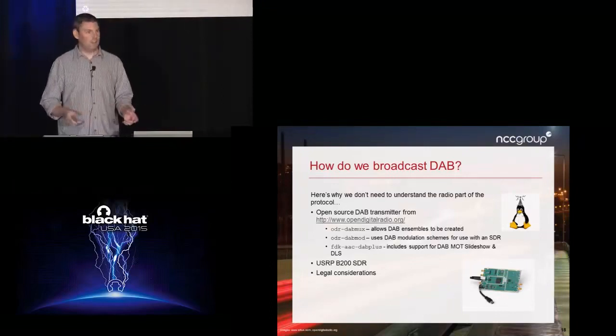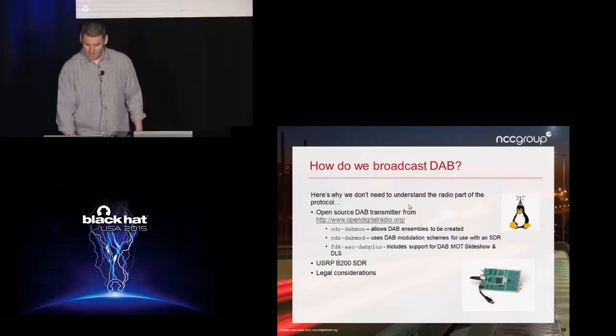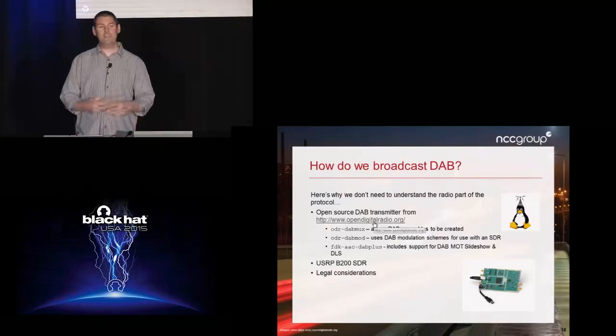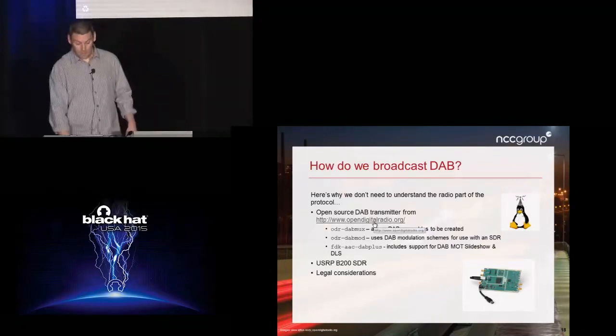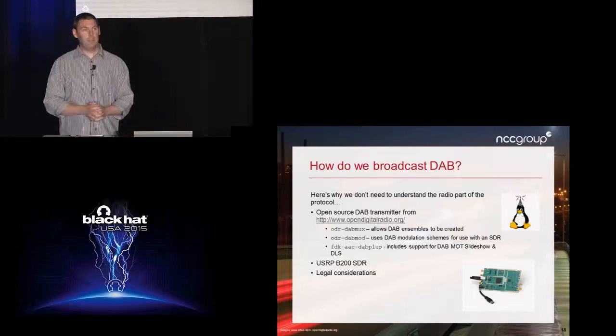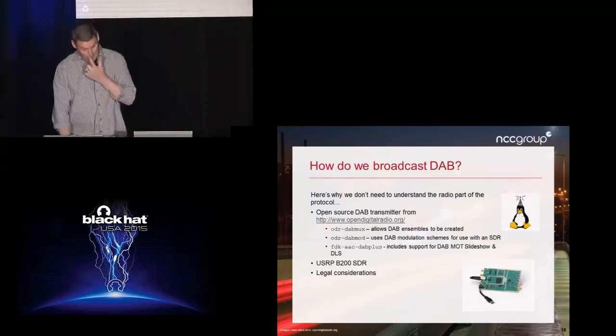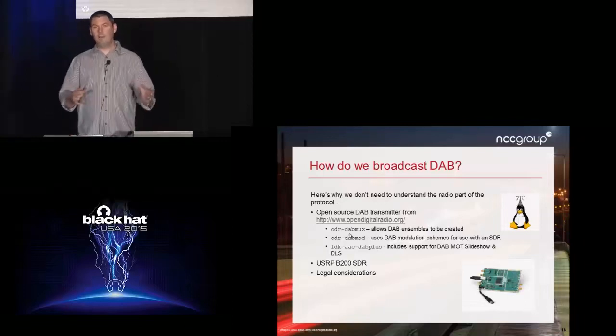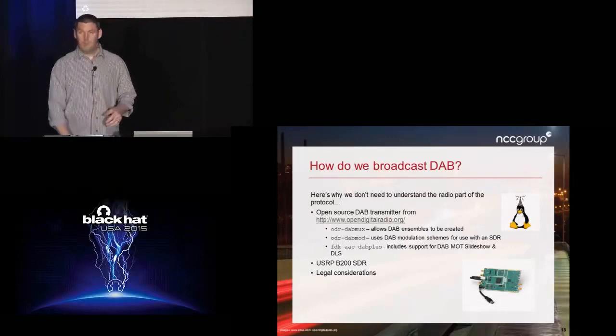And fortunately for us, all the hard work's already been done, because the guys at opendigitalradio.org have actually implemented all the hard stuff in an open source DAB transmitter. So using ODR-DabMux, we can multiplex up the signals that we provide it, and that then connects into ODR-DabMod, which will communicate with the SDR and actually transmit our DAB radio.